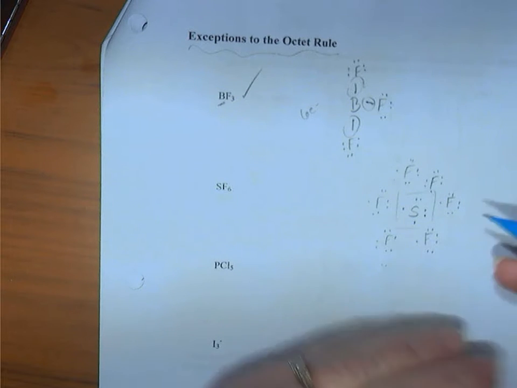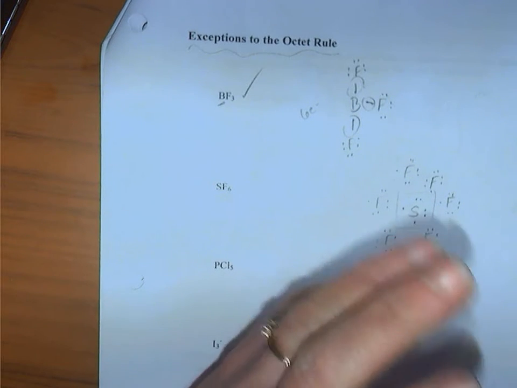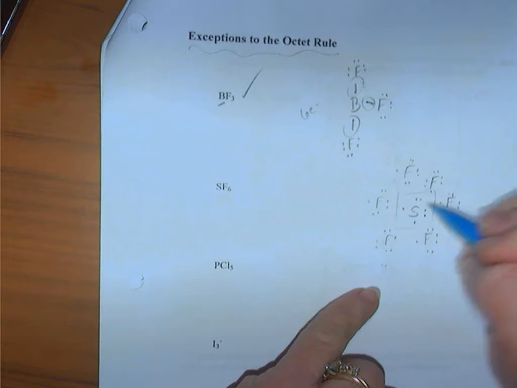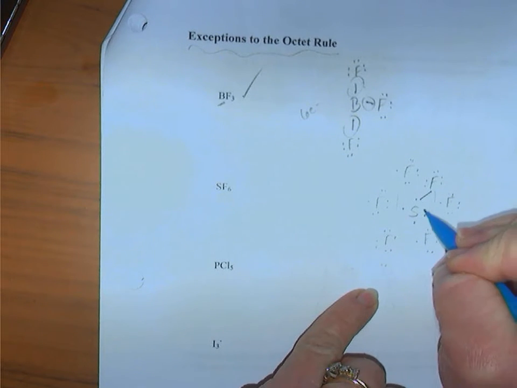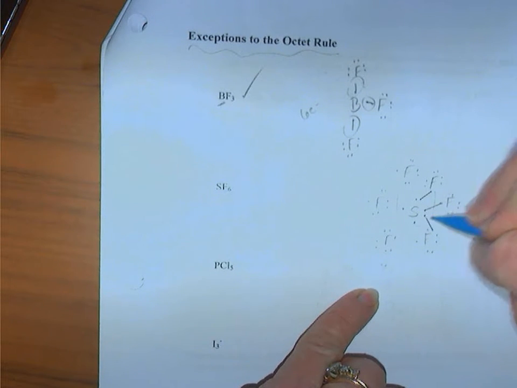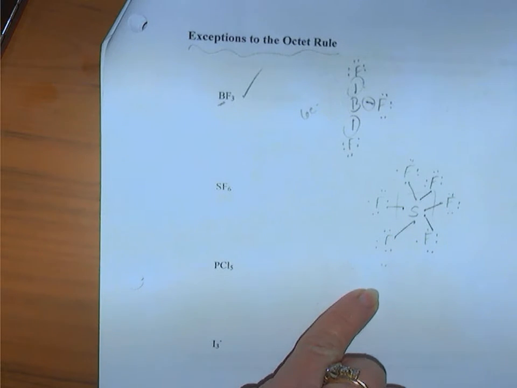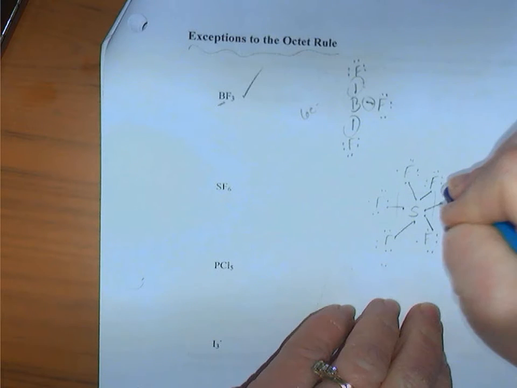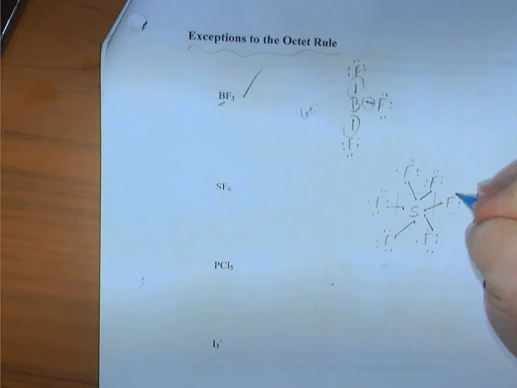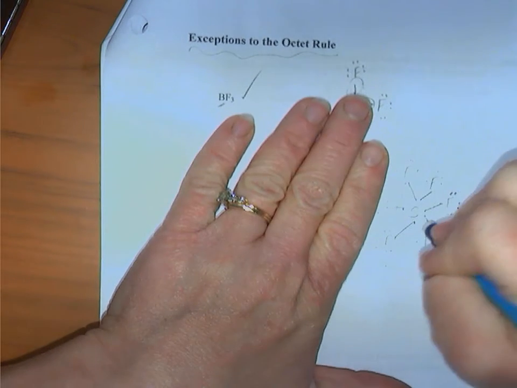In fact, all the halogens come in only needing 1. So I know these all are going to form single bonds. So if I give back, or just reorganize, each fluorine will have 3 pairs.